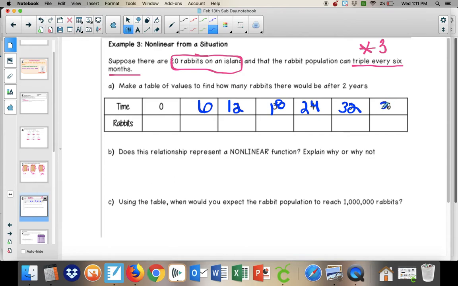No, I did something wrong here. This is what I did wrong. This should be 24, then 30, and then 36. So this is telling me at 3 years, we're at 36. 24 is going to be at our 2-year mark.